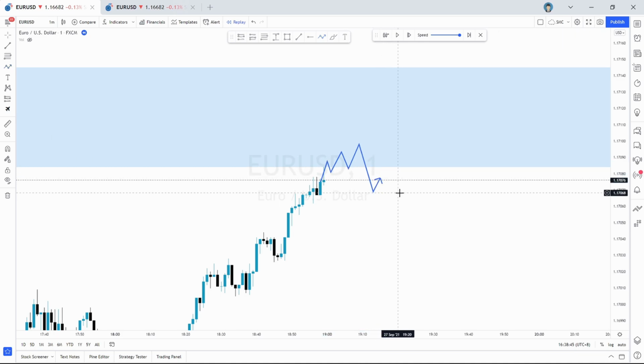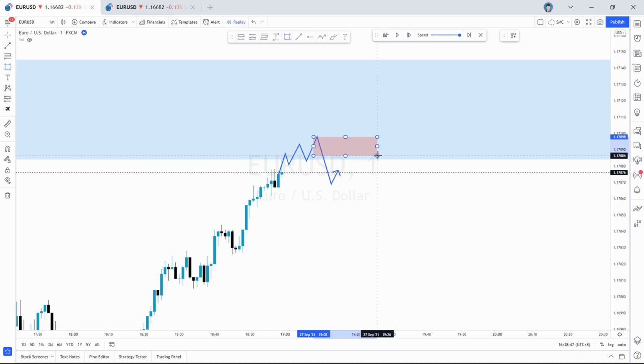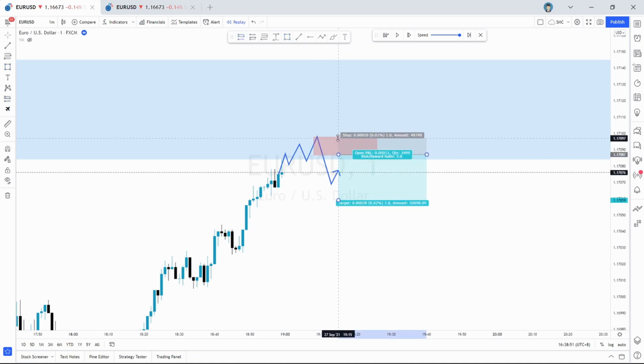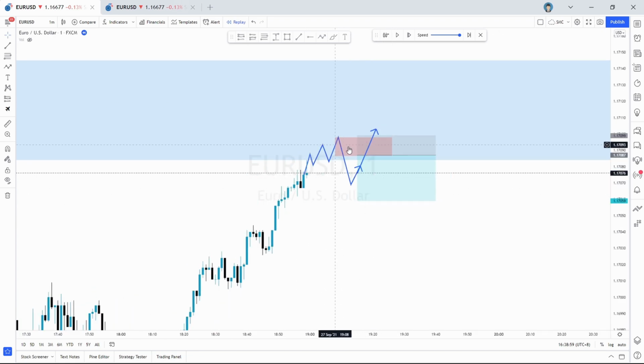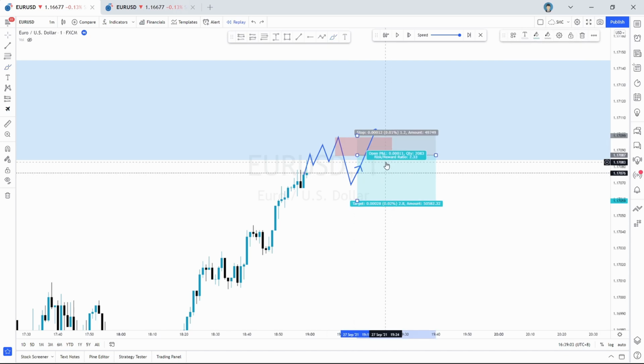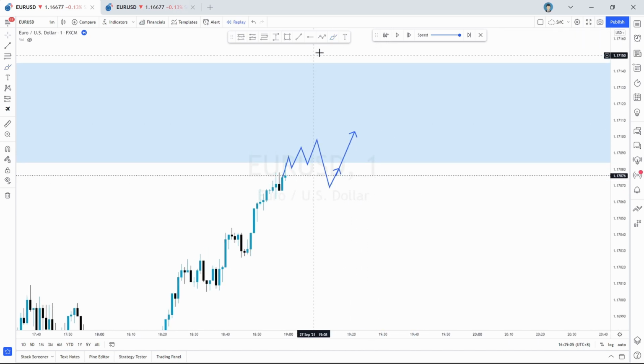Let's say we see an OB here on this tiny schematic. We set a position there, stop loss above the OB, but suddenly price just blew above it. And the reason why you got stopped out doesn't mean you were wrong. If you just zoom out, what do you see?